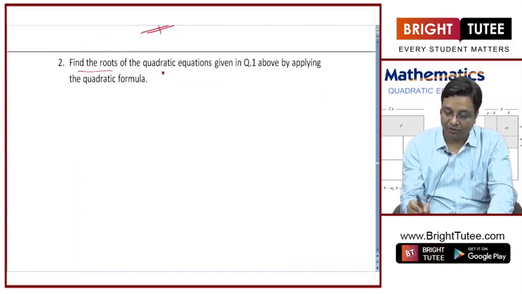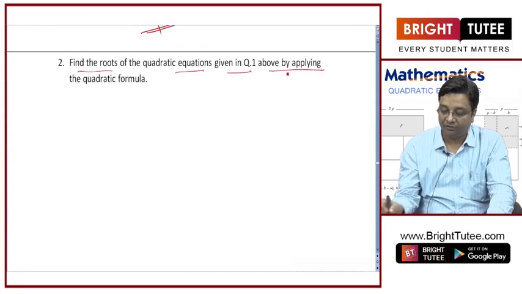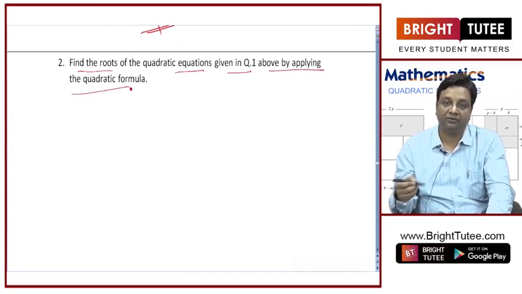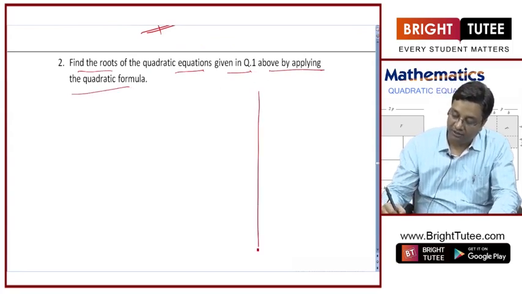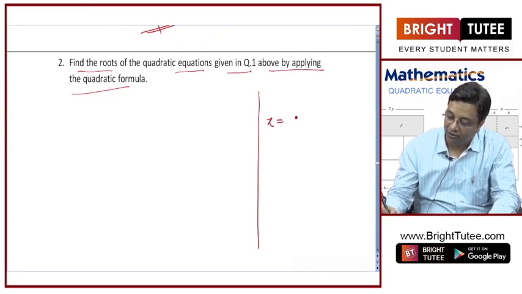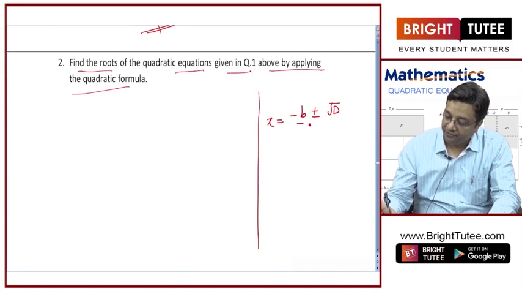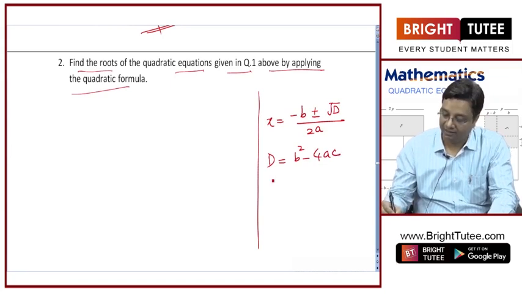Now find the roots of quadratic equation given in question 1 above by applying a quadratic formula. What was the quadratic formula? Quadratic formula was x equal to minus b plus minus root d by 2a, where d was b square minus 4ac. And what is d?